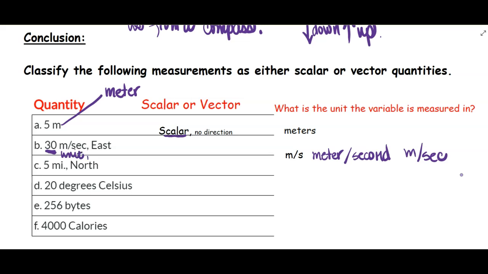But what's different about this is it's a velocity going meters per second in the direction east. So this has to be a vector quantity. It has a number and a unit, but it also shows us a direction. So that means when you write a vector, you have to have a number and a unit, and then you have to tell the direction.